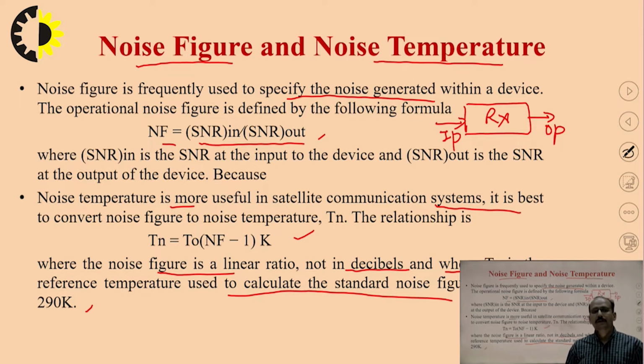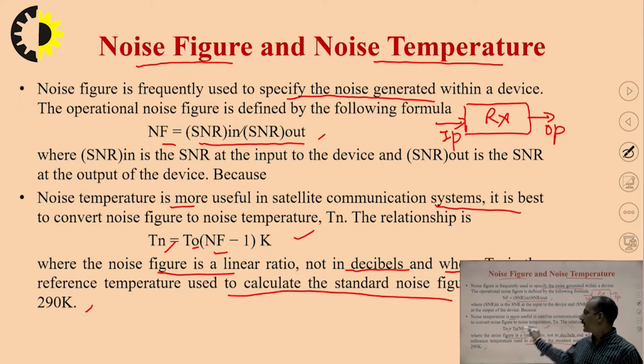So that formula is quite important, because in your examination, sometimes in AKTU, a 2 marks question comes in the university question paper or your PUTs, where you are given the NF value and the T naught value, and you have to find out the system noise temperature Tn.